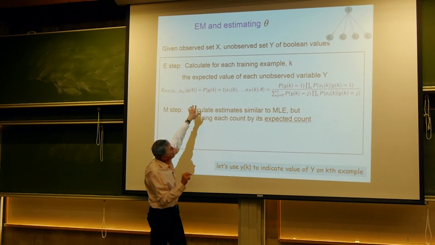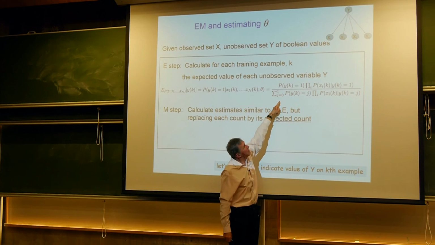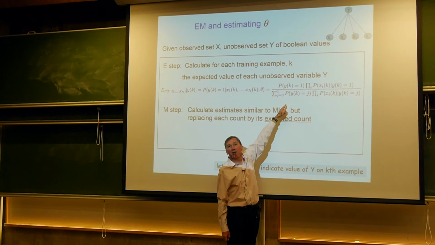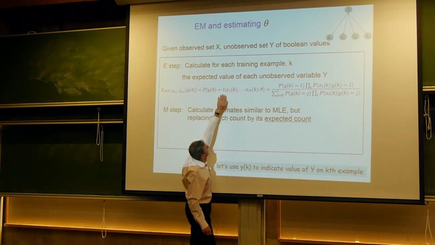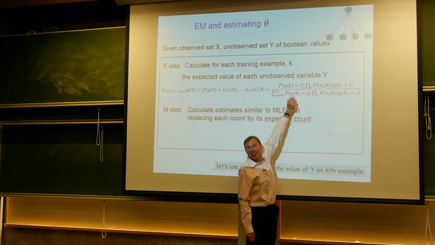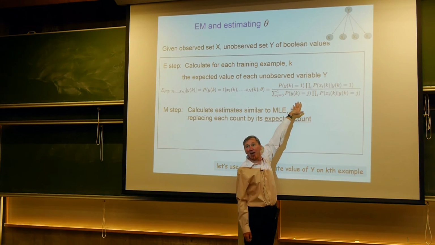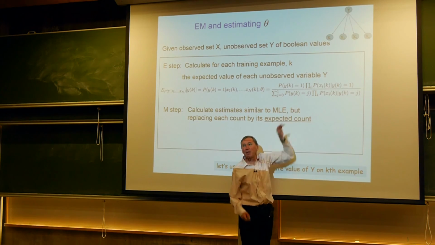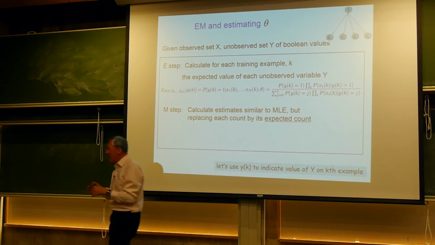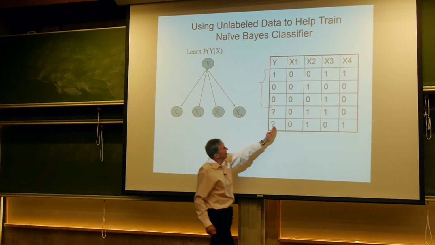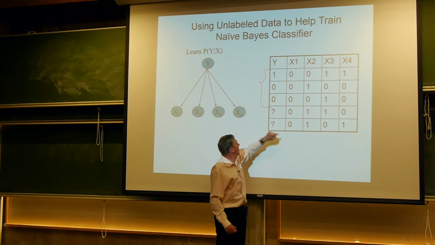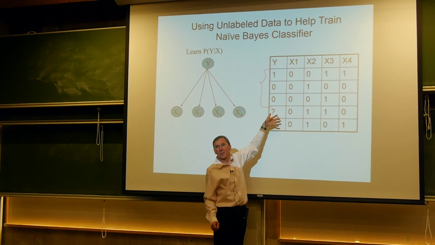And that breaks down into what should be by now a very familiar expression for how you take a naive Bayes classifier and classify a new example. The probability that y equals 1 given all the x sub i's is just this. This is what we always said when we talked about naive Bayes. So on the E step, we take our current set of thetas and effectively classify these 2 examples and predict what the y would be.